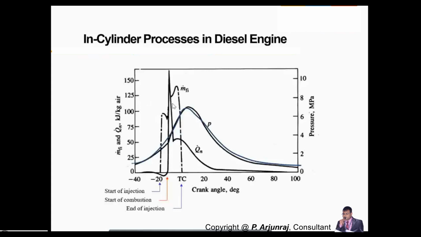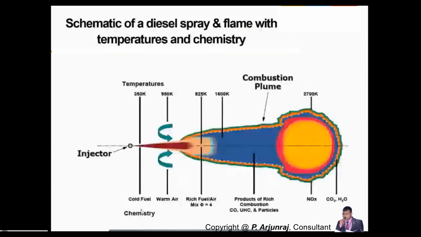The same is applicable here also when you're going for a modeling or a simulation of a diesel engine. You need to understand the in-cylinder process, how it is going to happen, for which you need to understand the mass flow rate of the fuel and the air. Even the air is very much important. And even what will be the heat output which is coming out with the help of the work carried out with the help of the reaction of the fuel and the air.